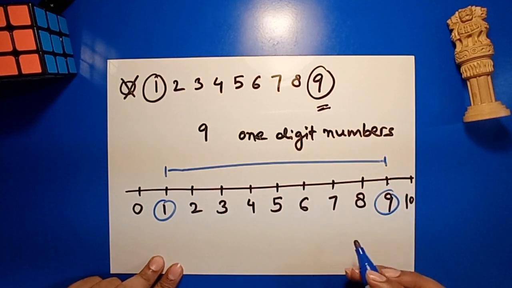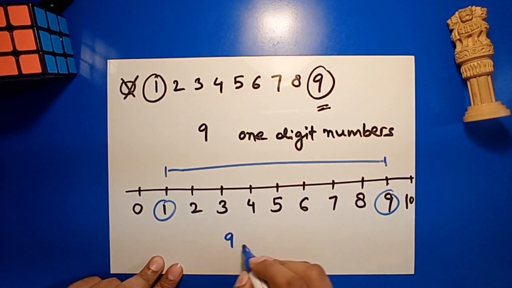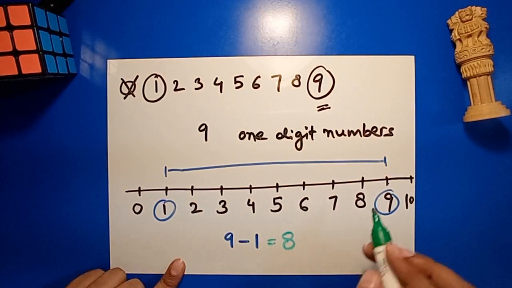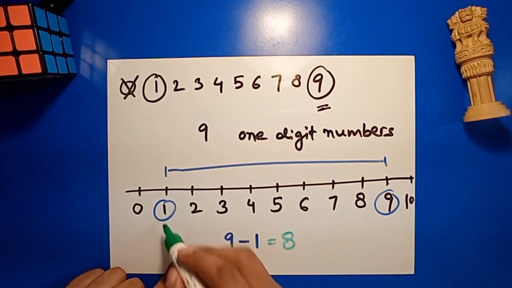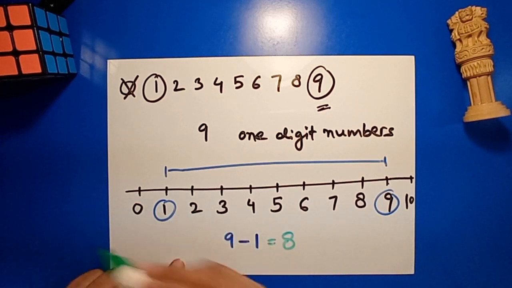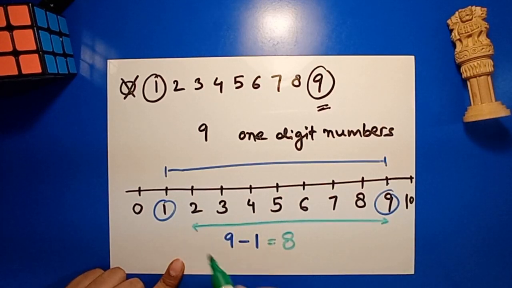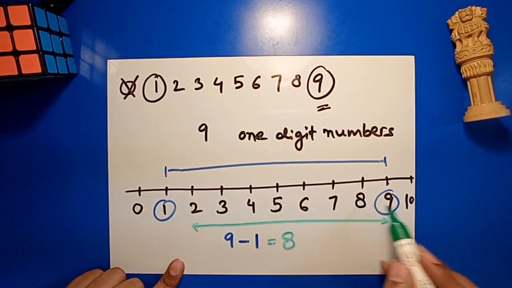Let's look at subtraction. What happens when I do 9 minus 1? What is the value? 8. Why is it that way? So this is 9 on the number line. This is 1 on the number line. When I subtract 1 from 9, I get this, and this is 8: 1, 2, 3, 4, 5, 6, 7, 8.